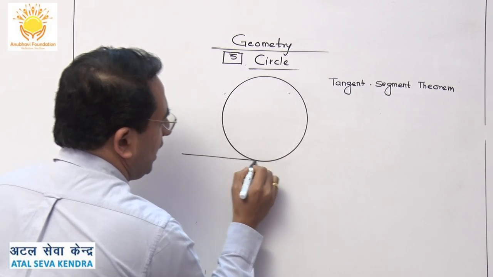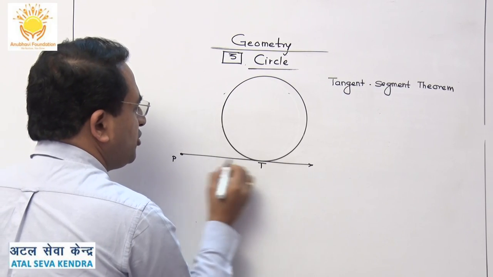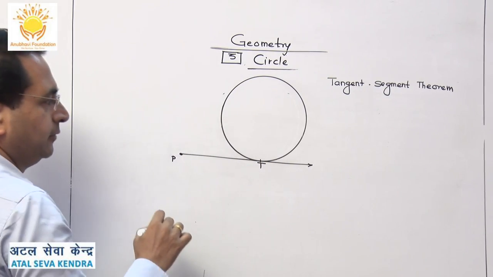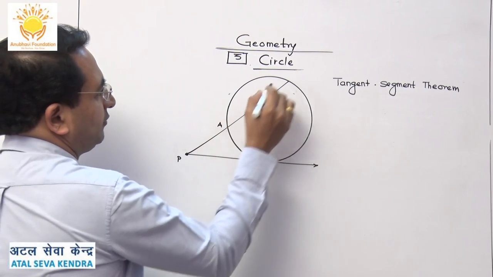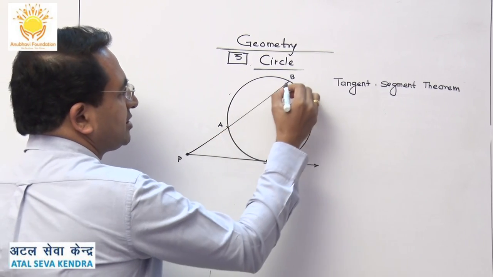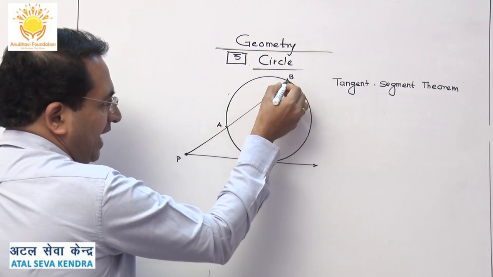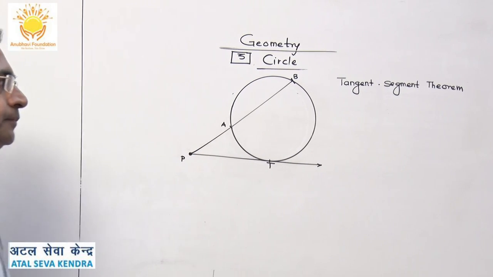For example, I have drawn this point P here. I have drawn one tangent here. This is a point of contact. And if I join this, now what is the meaning of this? I have drawn the figure like this, but actually initially the chord is there. That chord and this tangent, they intersect outside.